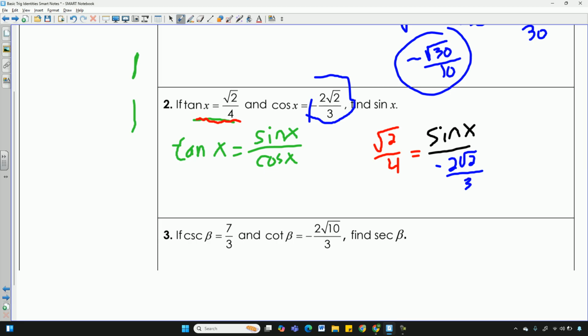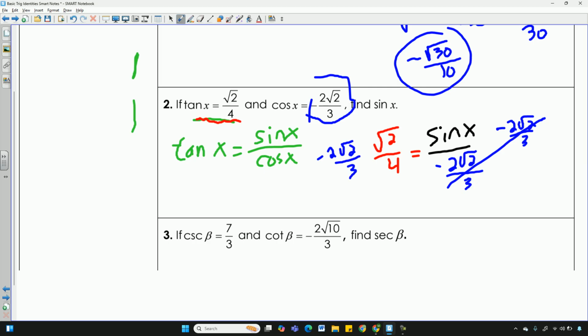Now this is where you've got to stay sharp with your algebra, because there are going to be some things that are a little uncomfortable here perhaps. So for example, to cancel out this negative 2 root 2 over 3, we'll multiply by it, which means we have to multiply by negative 2 root 2 over 3 here.